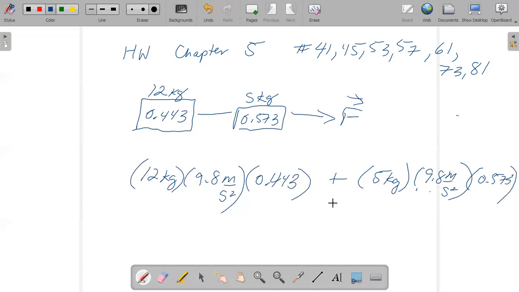And that's for that crate. And add them all together, and we will get 80.2 newtons. So just bump it up a slight bit over that and we're rolling. All righty.